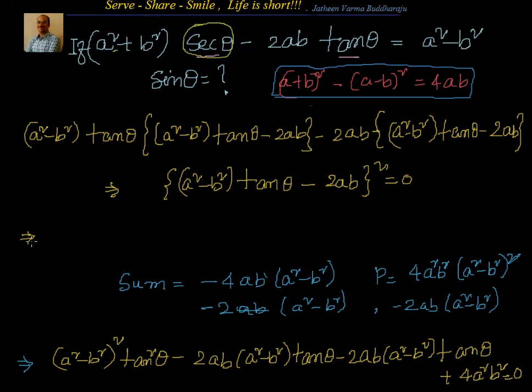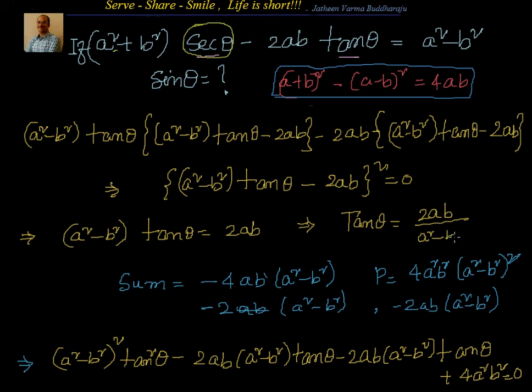So that tells me that (a² − b²) tan θ equals 2ab, or I can write tan θ equals 2ab by (a² − b²).